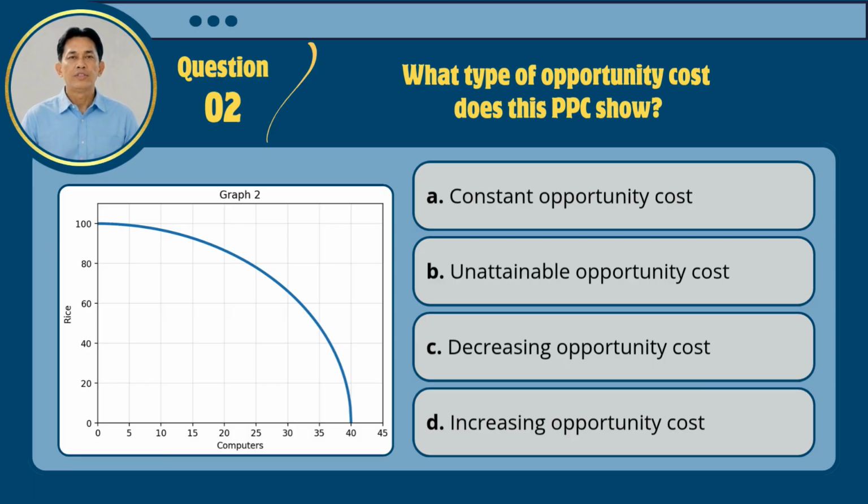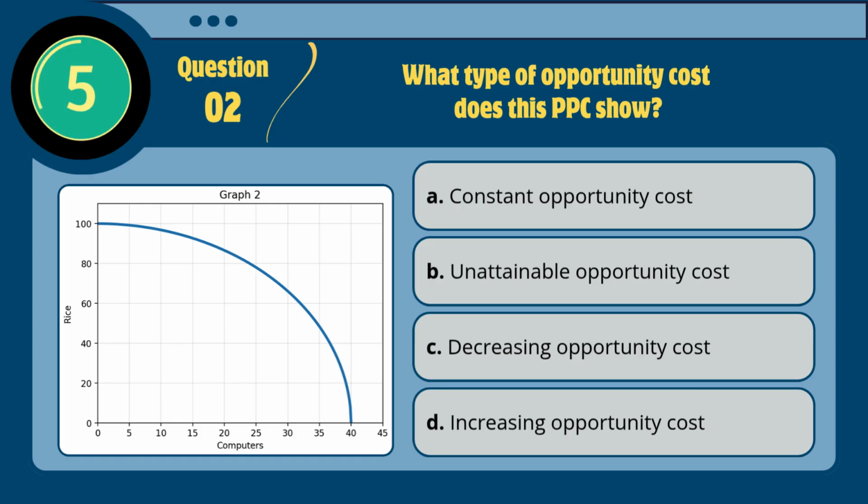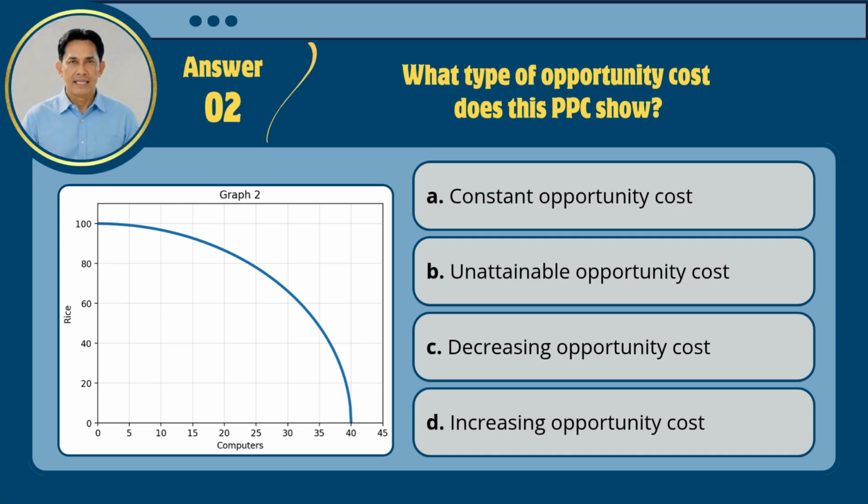Ask yourself whether the trade-off becomes larger or smaller as production increases. The correct answer is D, increasing opportunity cost. A bowed-out PPC shows increasing opportunity cost. As the economy produces more of one good, it must give up larger and larger amounts of the other good.